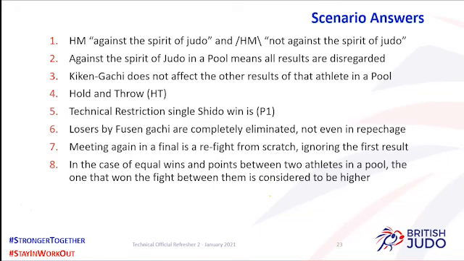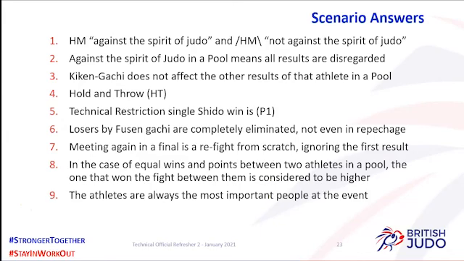Number 8, in the case of equal wins and points between 2 athletes in a pool, the one that won the fight between them is considered to be the higher. So exactly equal wins and points, the one who won the match between those 2 people will be considered to be higher for pool placing. And number 9, the athletes are always the most important people at the event.